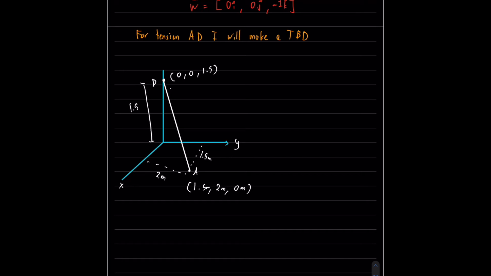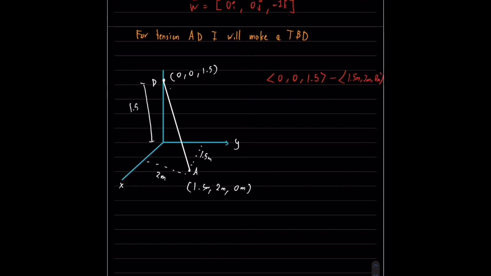Okay, now since we want a position vector, we have to do some vector math. We're trying to find the vector from A to D, so we do that by subtracting the vector A from D. So it will look something like this: 0, 0, 1.5 minus 1.5 meters, 2 meters, and 0 meters.